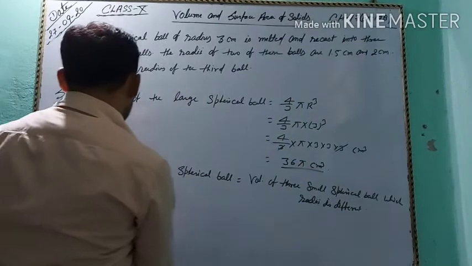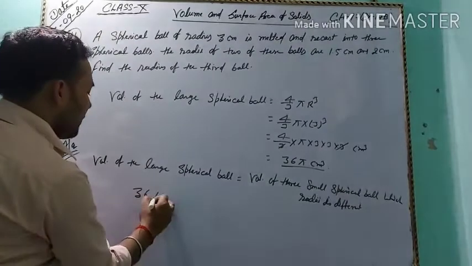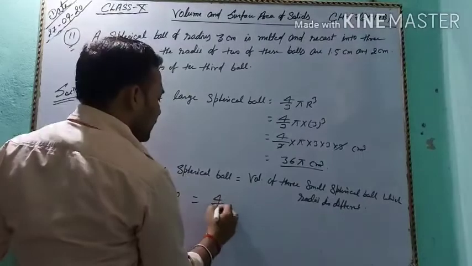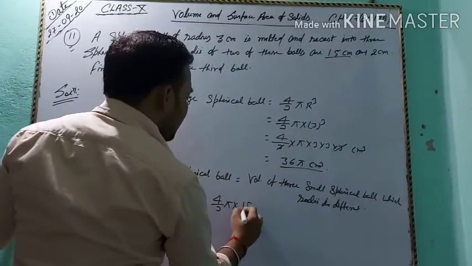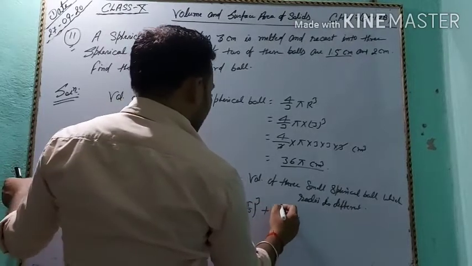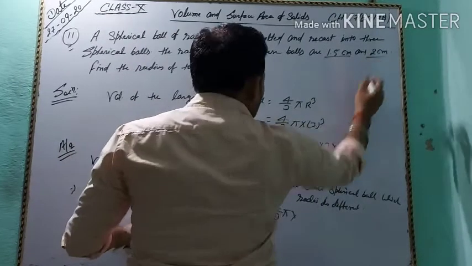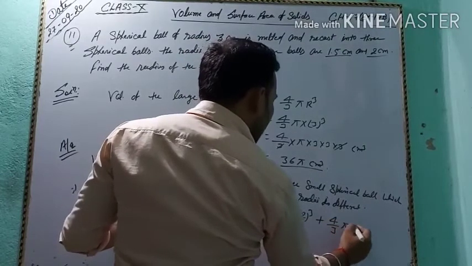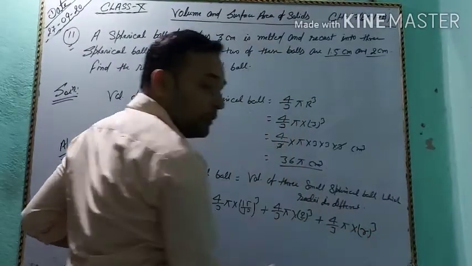Okay, students, volume of the large spherical ball is 36 pi cubic centimeter, and volume of the first ball is 4 by 3 pi, r equal to 1.5 centimeter, that is 15 by 10 whole cube, plus 4 by 3 pi multiply radius of the second ball is 2 centimeter, that is 2 whole cube, plus 4 by 3 pi, and radius of the third ball is r centimeter, that is, we have to find the value of r cube.